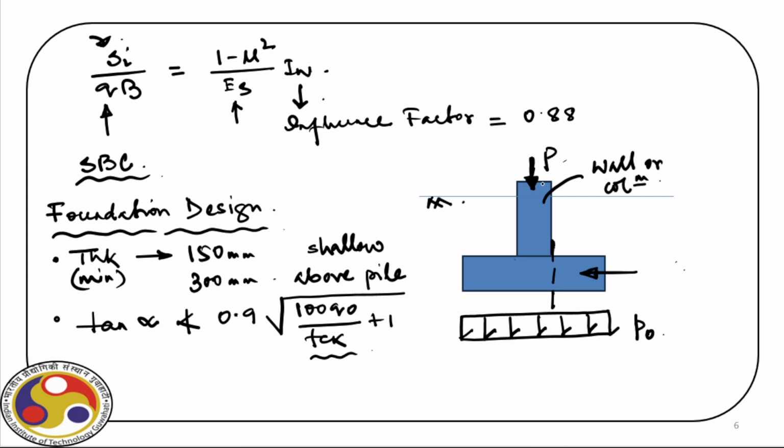Now, if we have a wall, say this is a wall, then this wall sits over this foundation. This is the center line of the wall. In that case, the face of the wall is not the critical location for the bending moment.